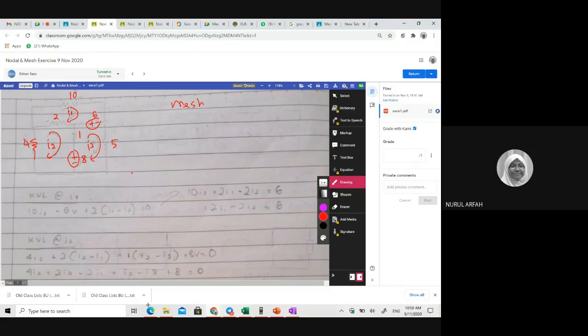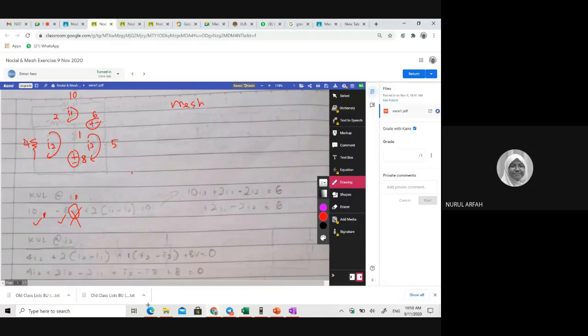Then I will look at your current direction. KVL at I1? Yes, I1. So this is 10 I1. Yes, correct. And then please do not put any unit in your equation. This is a unit, so this is wrong. Don't put it. And then this is minus 6, correct.